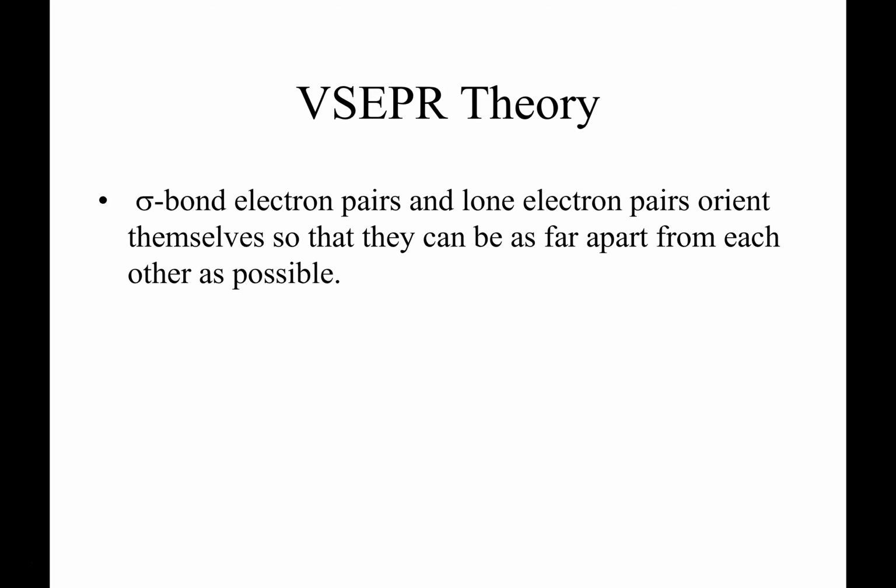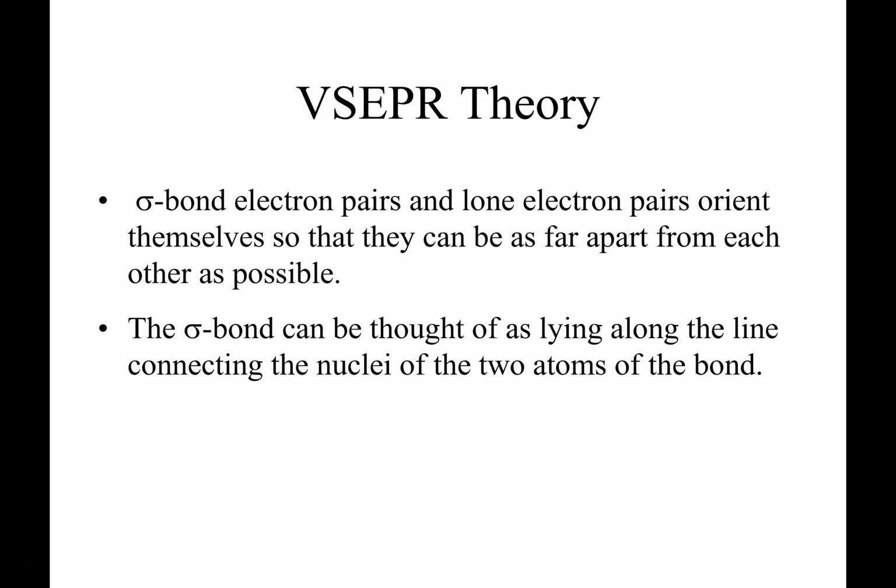So the sigma bonds and the lone pair electrons are going to repulse or orient themselves away from the atom as far as they can. Thus the repulsion part in the valence shell electron pair repulsion theory. So that gives us what we say is the geometry or shape around an atom. Not shape for the molecule, but at least shape around an atom. Like I showed you, the sigma bond lies between the nuclei.